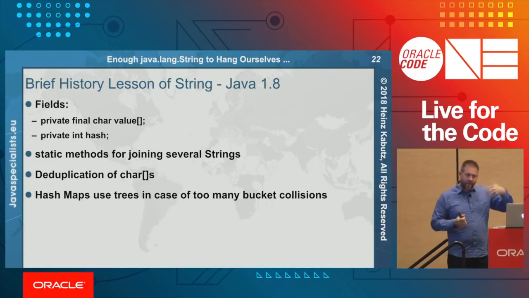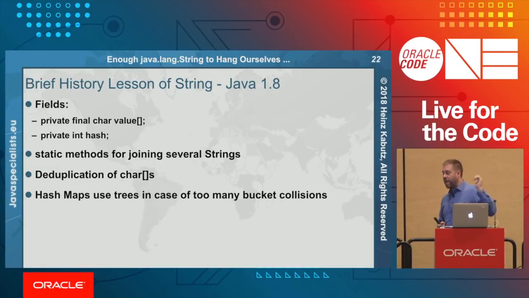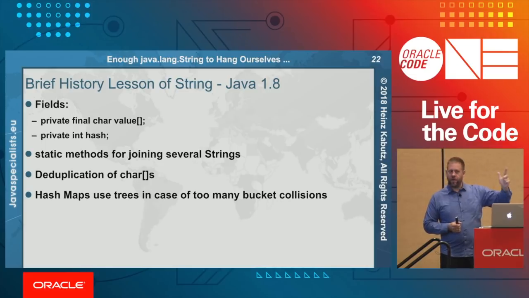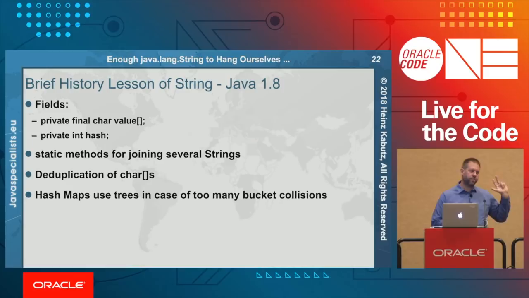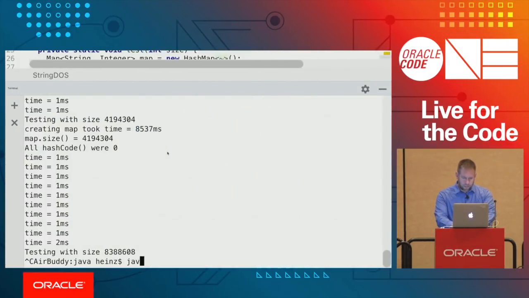Right? So any key that you use should, from Java 8 onwards, have hashCode, equals and Comparable. You should also implement Comparable because that's used to build the tree. If you don't have Comparable, you might not get that brilliant performance. So let's run that little demo again with Java 8.